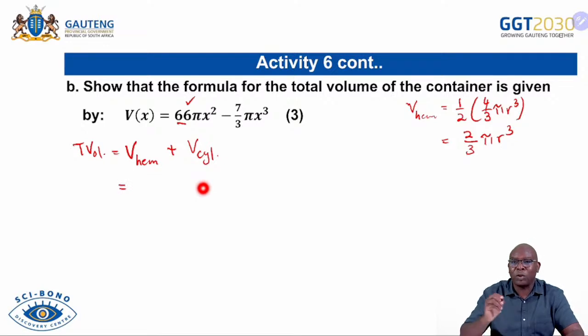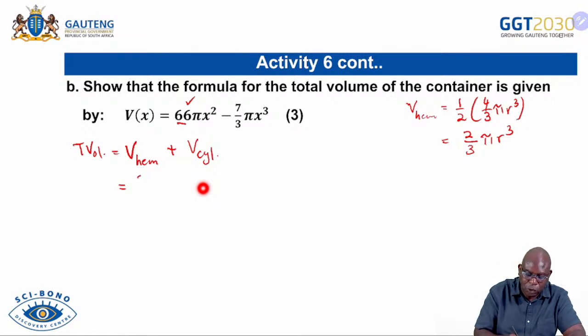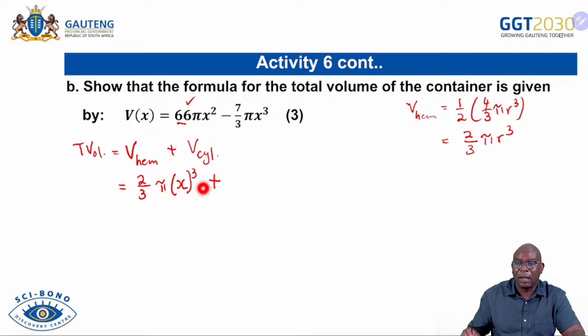Now, for me to get the total volume, what is the volume of a hemisphere? It's going to be 2 over 3 pi, my r is going to be x, so it's x cubed. Plus, what is the volume of the cylinder?